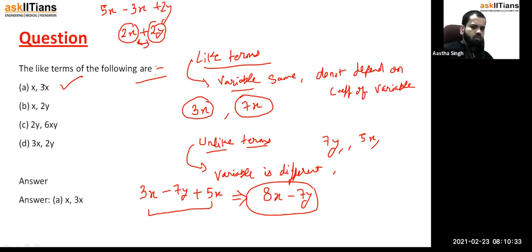Okay, go through all the points, right? Your x and 2y, your 3x and 2y. Go through the points, guys.